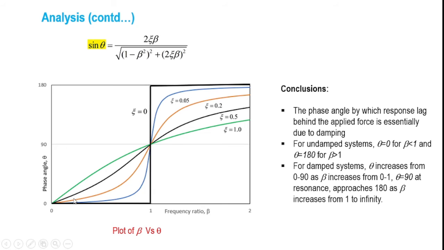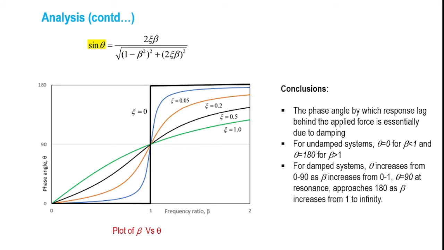So here one thing is very evident for us. As the frequency ratio increases from 0 to 1, the phase angle theta increases from 0 to 90 degrees.